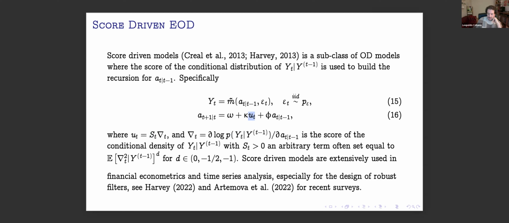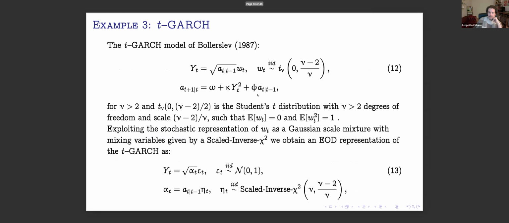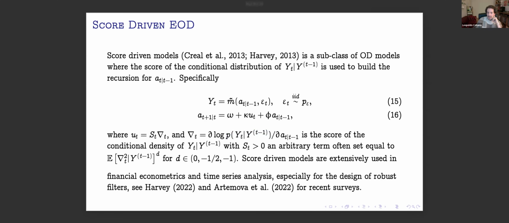Now, the idea is that in Garch, we use y t square. Why do we use y t square? Well, let's use something else. And this something else is a function of y still. Now this S t is a scaling term.